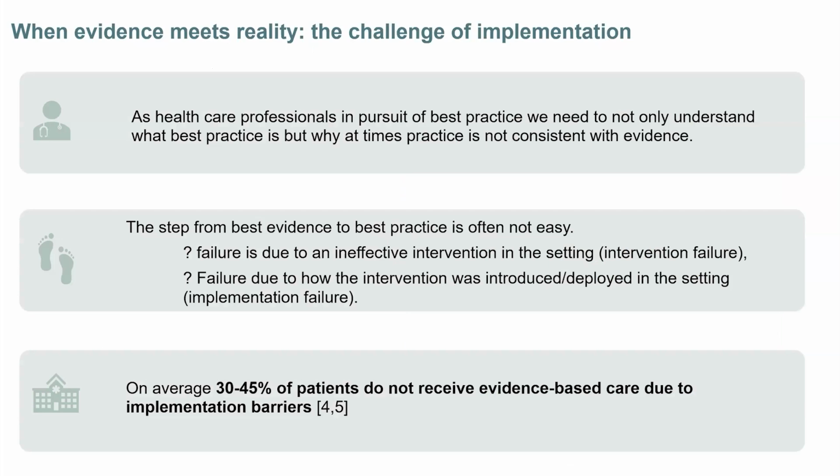We're not only in pursuit of the best practice, but particularly when we work within much more complex systems, we need to not only understand what best practice is, but also at times why practice is not consistent with the evidence or why best practice is not actually being undertaken.